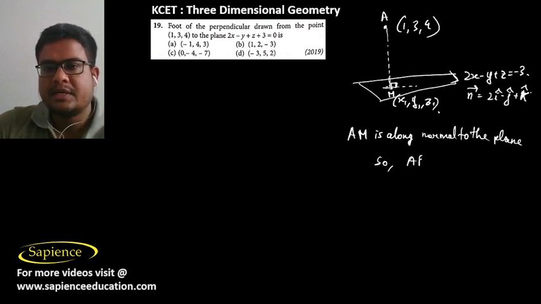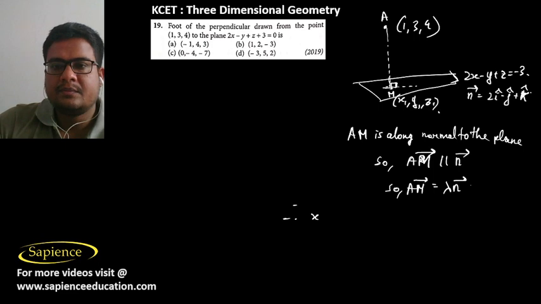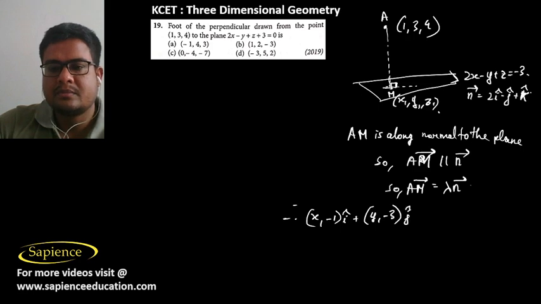So it means AM vector is parallel to n vector. So I can say AM vector is lambda times n vector. Therefore I can say AM vector is x1 minus 1 i cap plus y1 minus 3 j cap plus z1 minus 4 k cap. So that is equal to lambda times 2i cap minus j cap plus k cap.